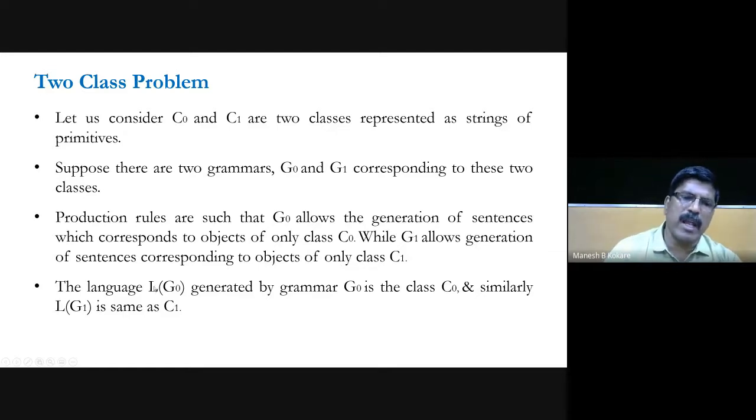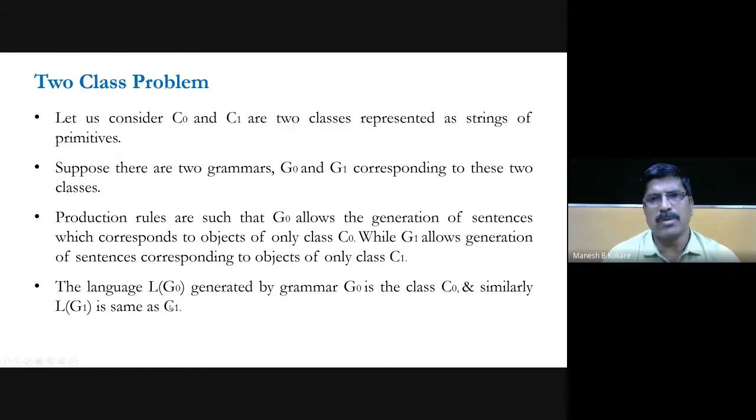So the language L of G0 generated by G0 is the class C0, and similarly the language L of G1 is the same as C1. The language generated by G0 corresponds to class C0, whereas the language generated with the help of grammar G1 corresponds to class C1.